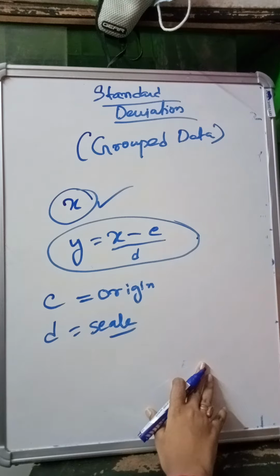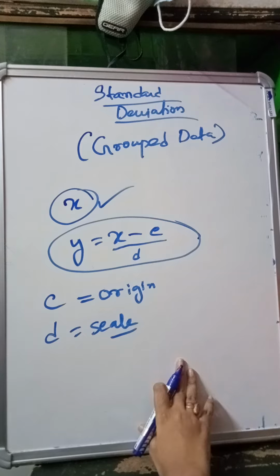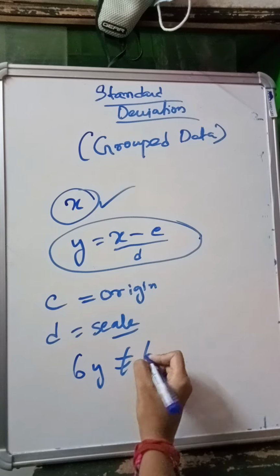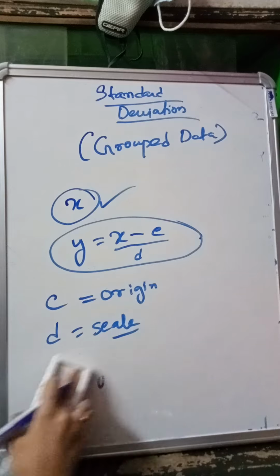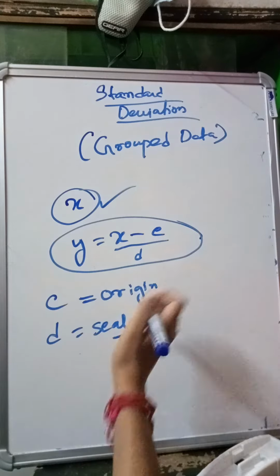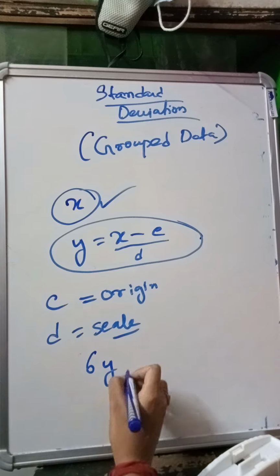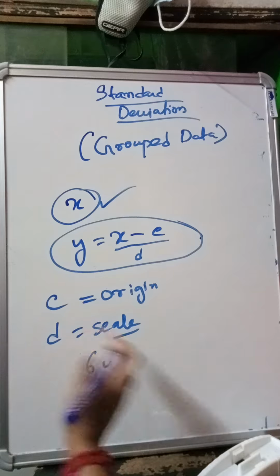Now when this happens, we know that when the origin changes there is no effect on the SD, but when the scale changes there is an effect. So here sigma y is not equal to sigma x. After defining y, we will get sigma y, but our objective is to find sigma x, not sigma y.